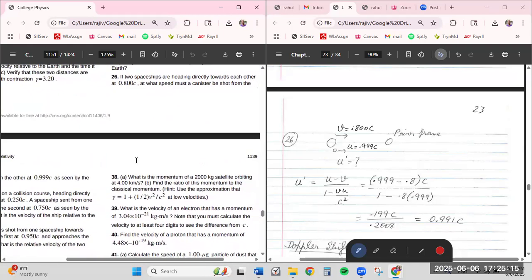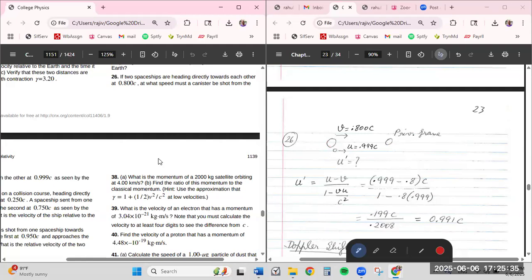So here there's no Earth, it's just two spaceships. The velocity between them would be V, so V equals 0.8 c, and these are the two spaceships here, the big circles.